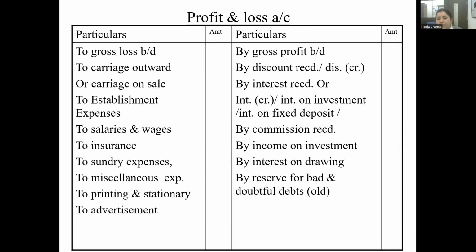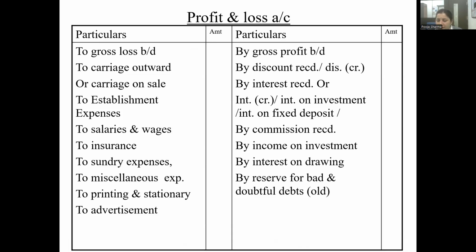As I said, as per the nominal account, all the losses and all the expenses will be debited. Other expenses you will write here are carriage outward, carriage on sales, establishment expenses, salaries, insurance, sundry expenses, printing, stationery, and advertisement expenses. These are some of the indirect expenses.